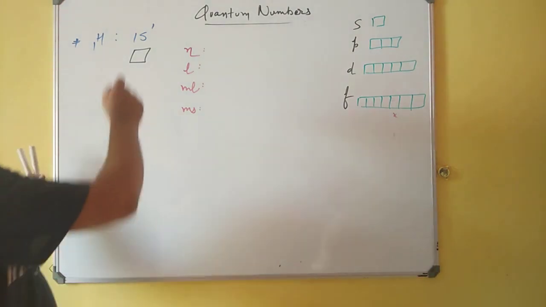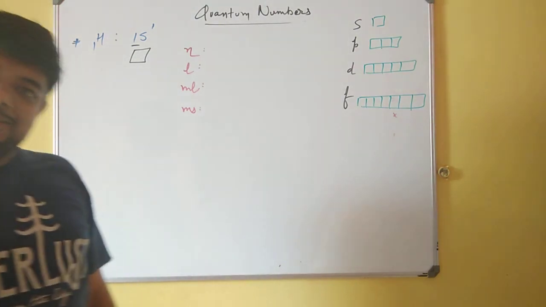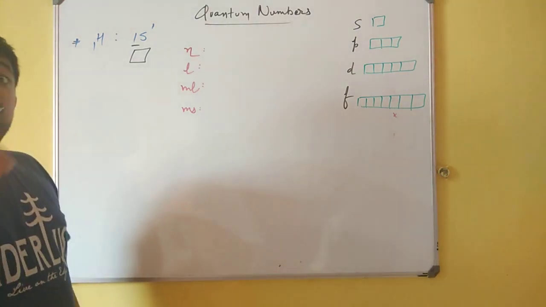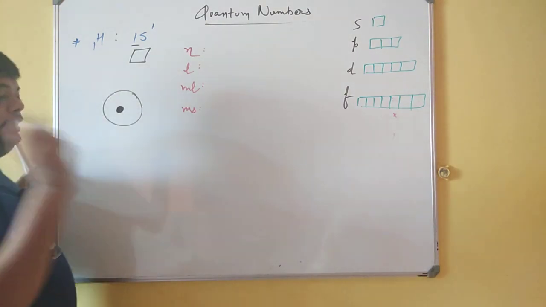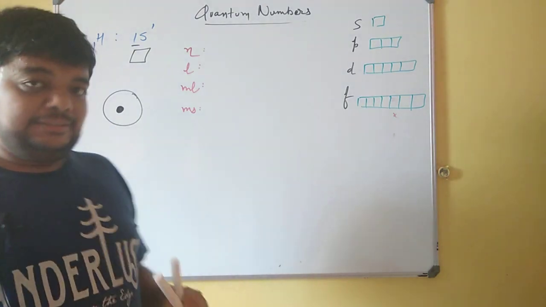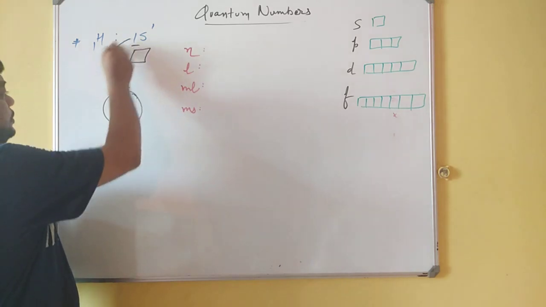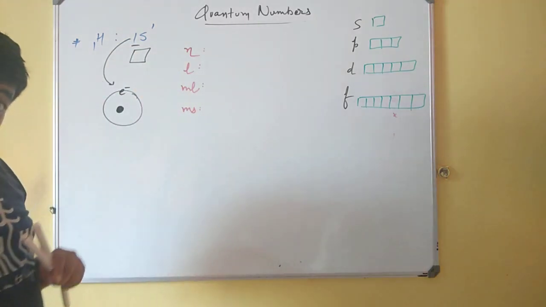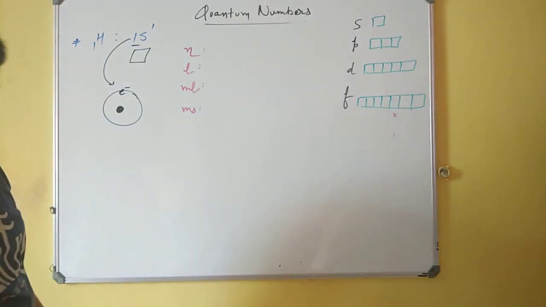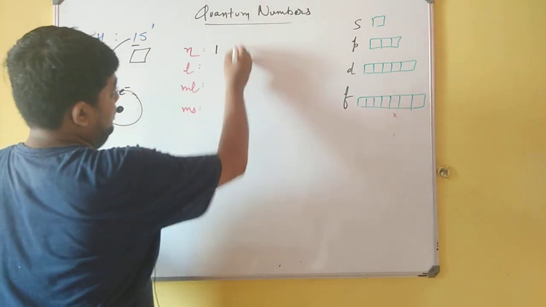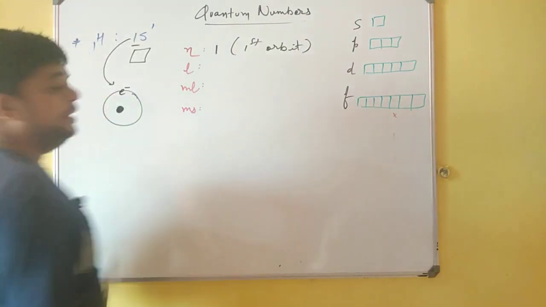Now this value 1 always helps us by suggesting that it is the first orbit. So if this is our nucleus, the electron we are discussing as of now is in the first orbit itself. So this has helped us to locate the energy level where our electron is. So we can say n is equal to 1, the first orbit.